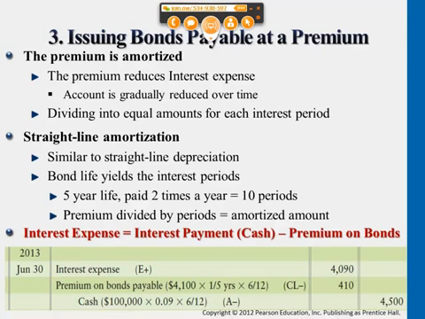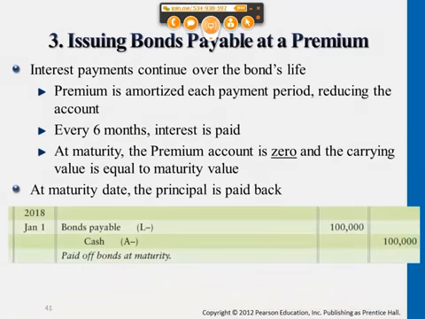So we don't have $4,500 here, but we have a lower amount here as interest expense because this part here, premium, we collected more money than we thought we could. So think of this as reducing interest expense. That's what's happening here. So every half a year we will journalize the same entry that looks like this for 10 times. And then at the end, when the bond matures, it will be this entry, pay back the original face value.